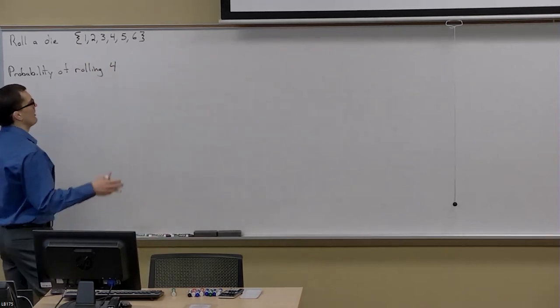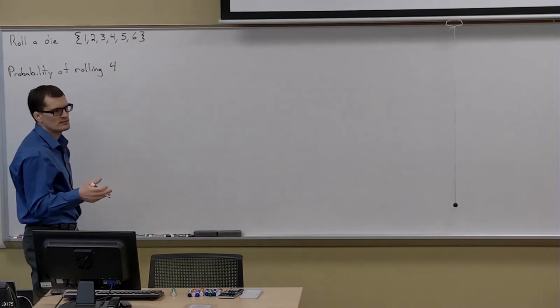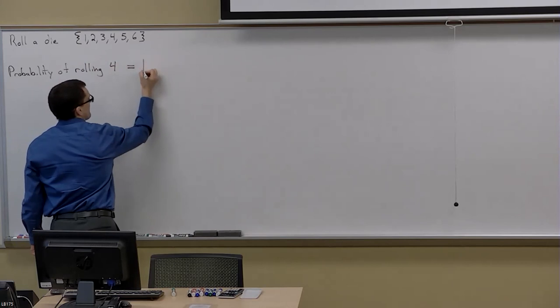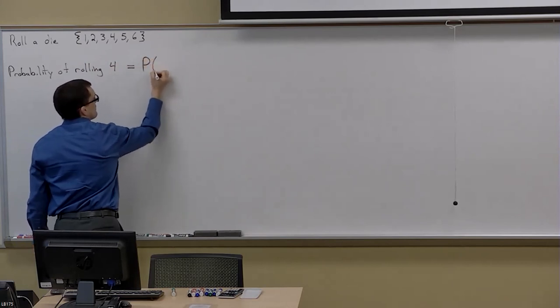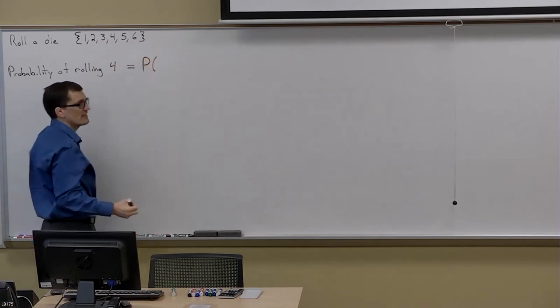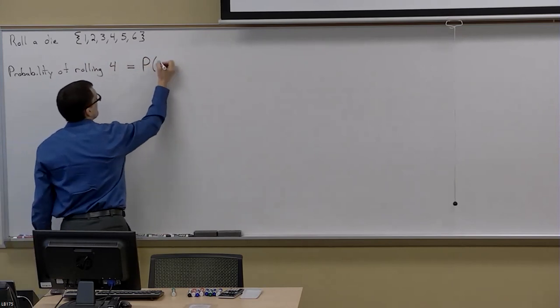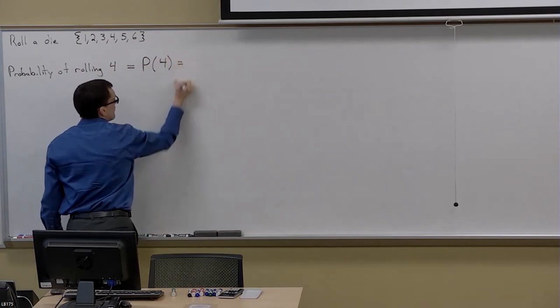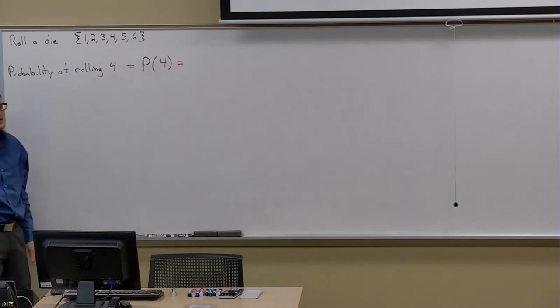When I shorthand this, I'm just going to write a capital P and then either rolling a 4 or just the number 4 there as shorthand.